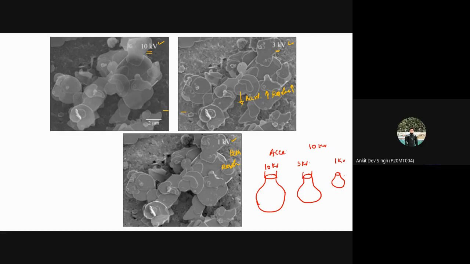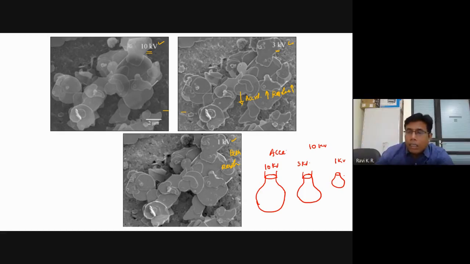Smaller interaction volume is better, and you have a smaller beam diameter. So this is the reason you start seeing that difference when you decrease the voltage. In general, you should decrease the acceleration voltage as much as possible to get better images.